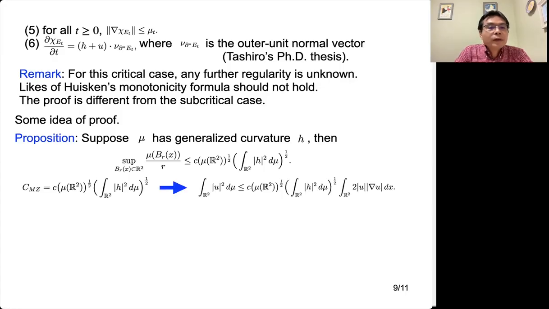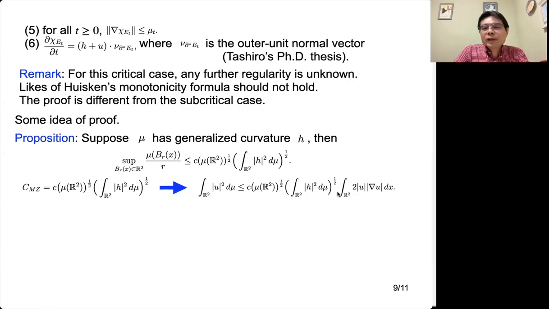And then this gives you this bound. This allows you to use the Michael-Simon inequality. So this u squared can be bounded by using this quantity times the gradient of u squared integrated over the Lebesgue measure like this.